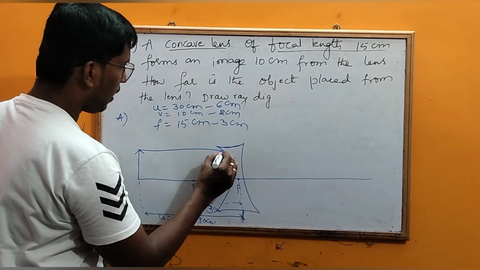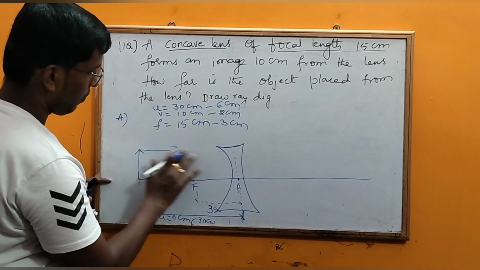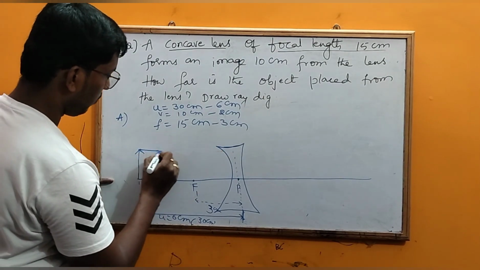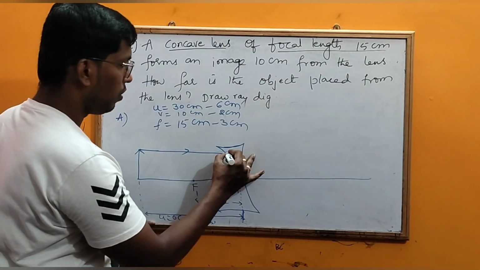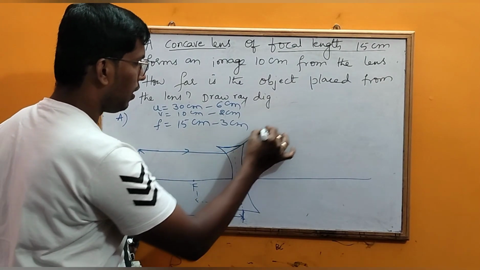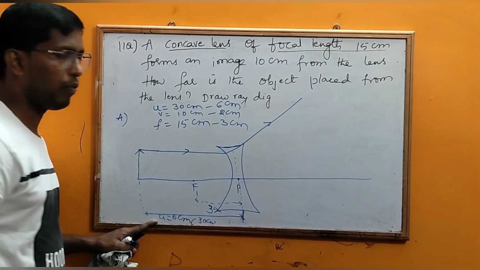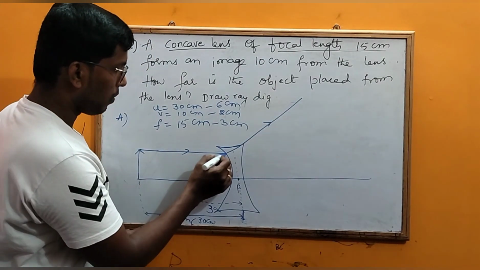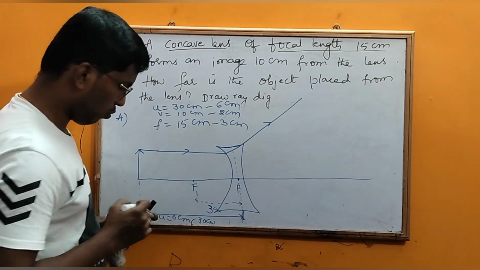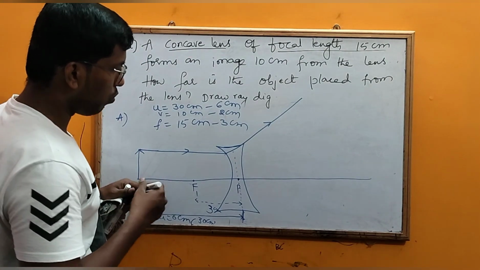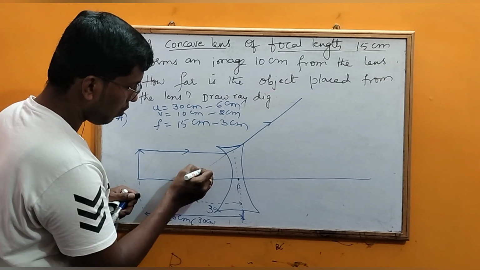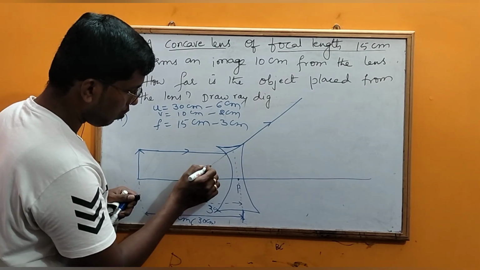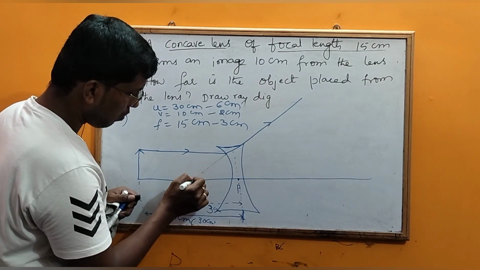One light ray parallel. So what happened? This is a diverging lens. When the light ray enters, it diverges away from the lens, and it appears to pass through the focus point.